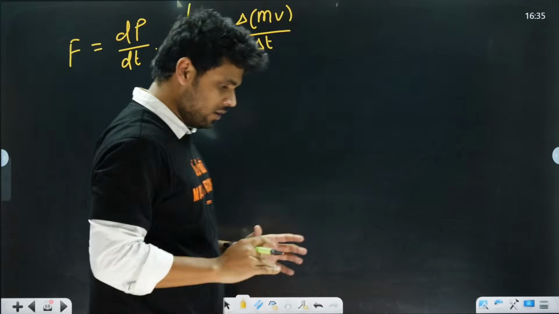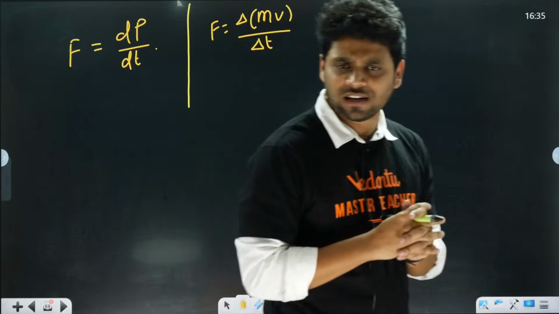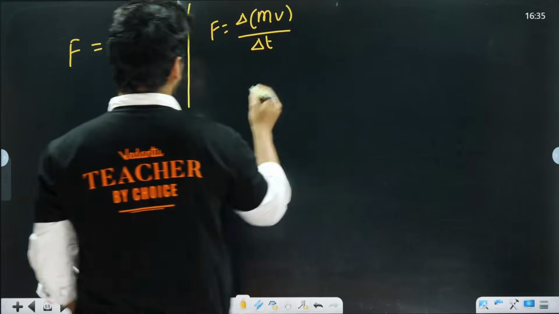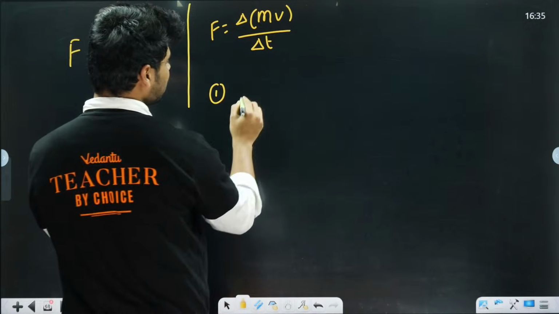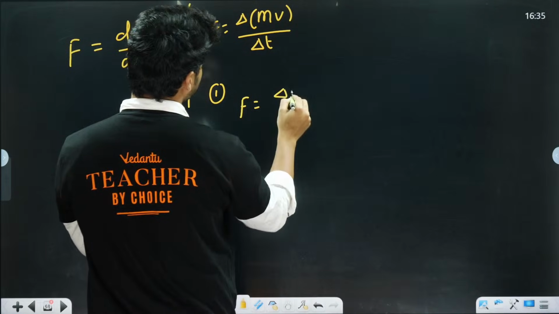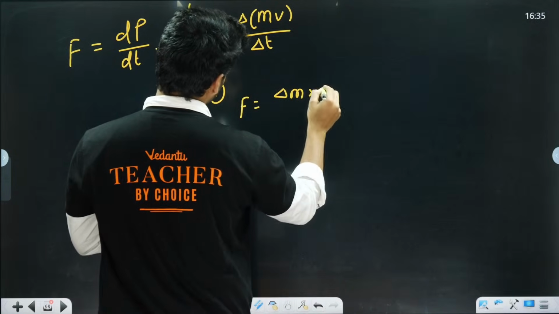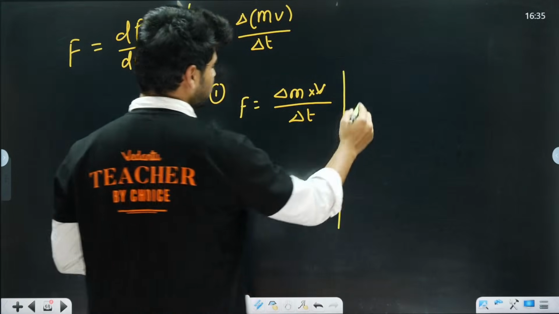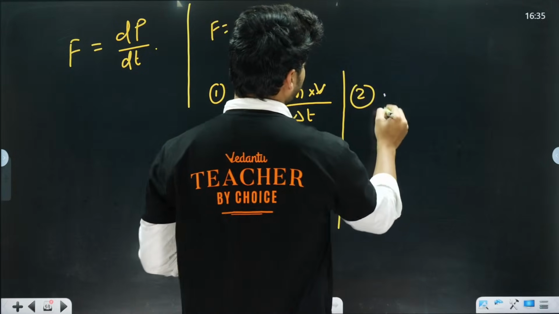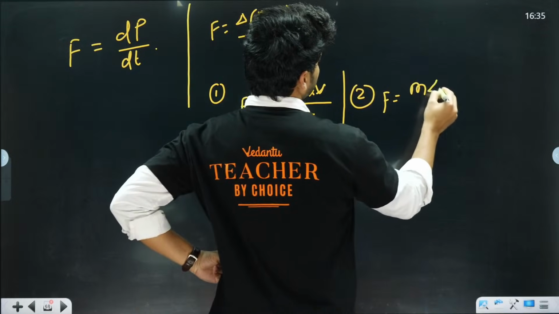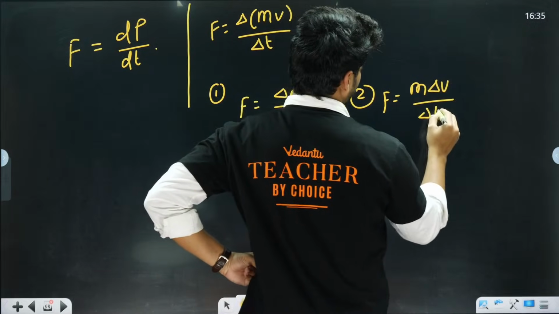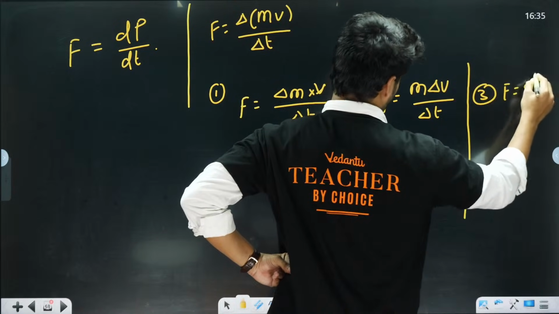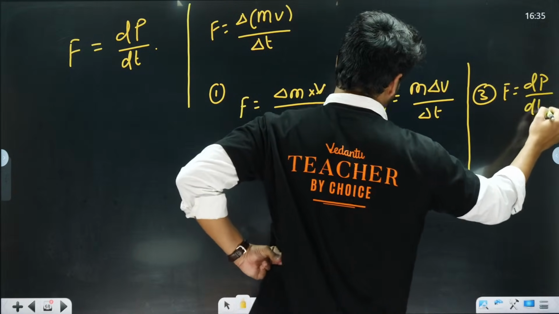Now we have three different types to solve this. The first type is F is equal to change in mass into speed divided by change in time. The second one is F is equal to mass into change in speed divided by change in time. And the third one is F is equal to dp by dt.